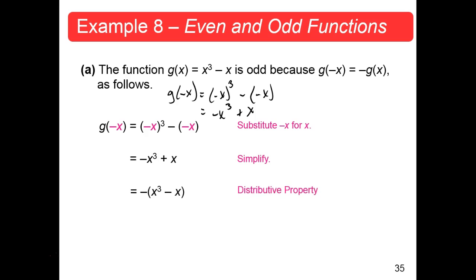And then noted that's exactly the opposite, the negative of this one. Okay, because negative x cubed, positive x. Yes, exactly the opposite. Okay? And that's negative g of x. All right. It passed the test for an odd function, so it is odd.